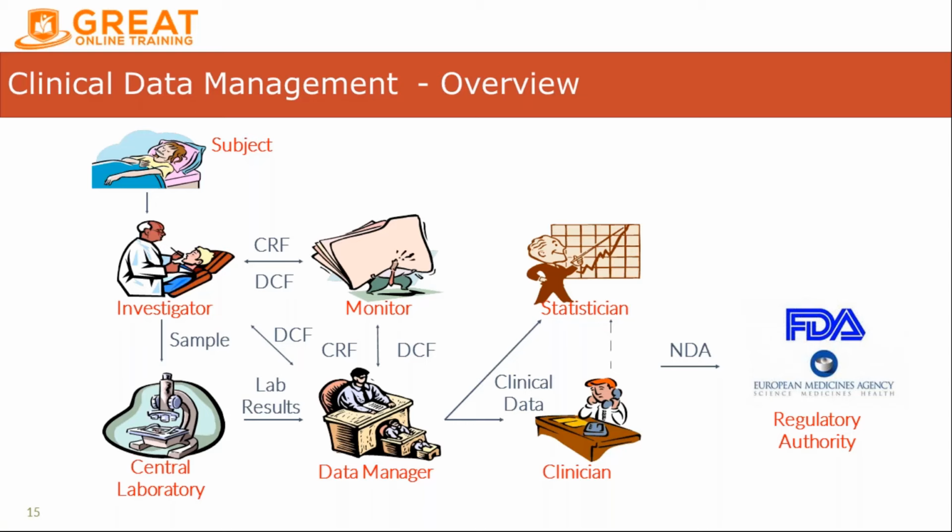So what are validation checks? We are going to discuss in the upcoming slides. As a result of data cleaning activities, data clarification forms are generated, as we have already discussed, which are sent to the investigator for clarification. The database is updated based upon the resolutions received.